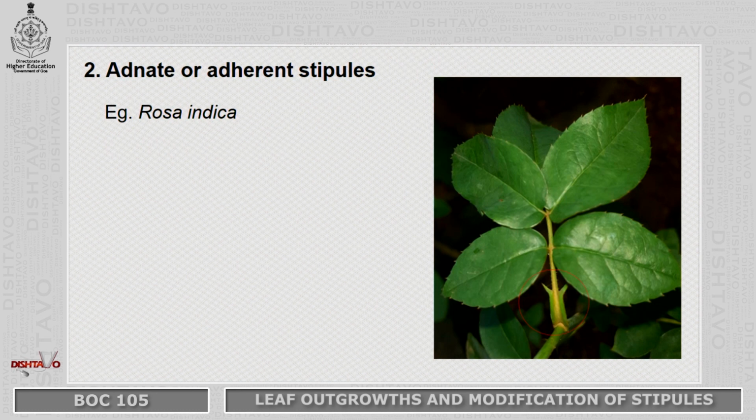The next one are called the adnate or adherent stipules. Adherent, sticking, coming together. In the picture itself you can see that the stipules are attached to the petiole. They form wing-like structures and are commonly seen in Rosa indica or rose plants.